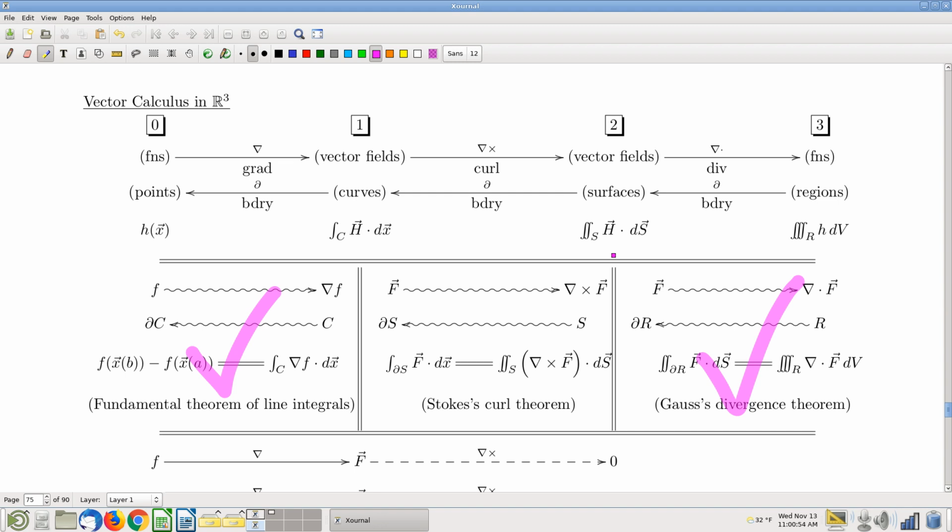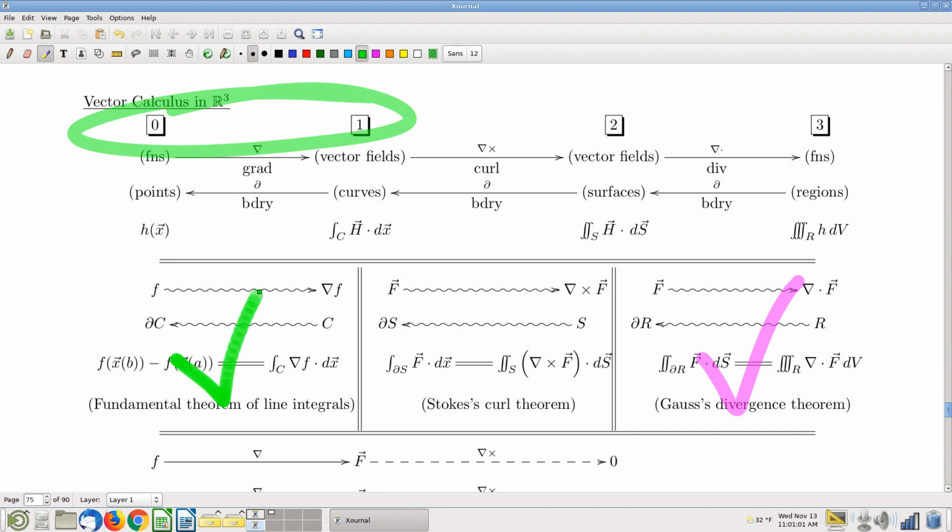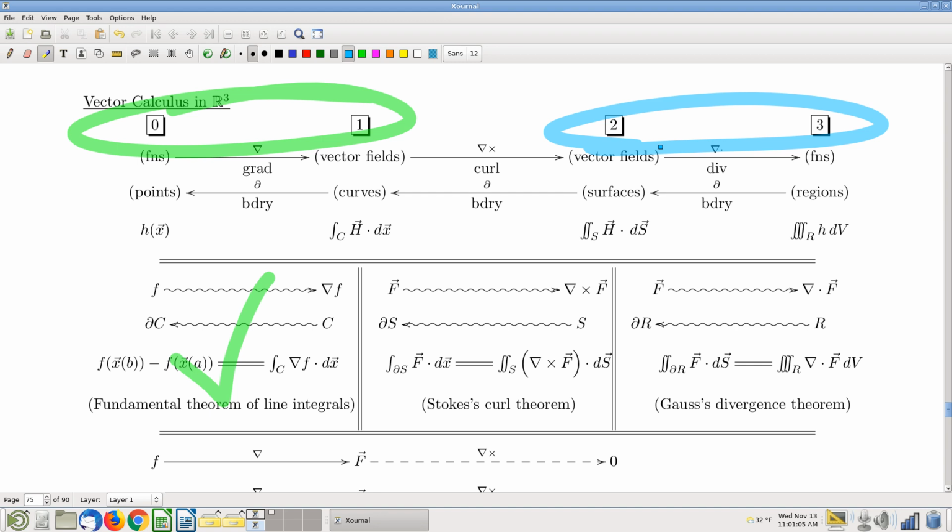It's the other box. Instead of the relationship between dimensions 0 and 1, that is the fundamental theorem of line integrals, or the relationship between dimensions 2 and 3, that is Gauss's divergence theorem, we're going to find a relationship between dimensions 1 and 2. There's going to be a relationship between vector line integrals and flux integrals, specifically involving a surface and its boundary curve.